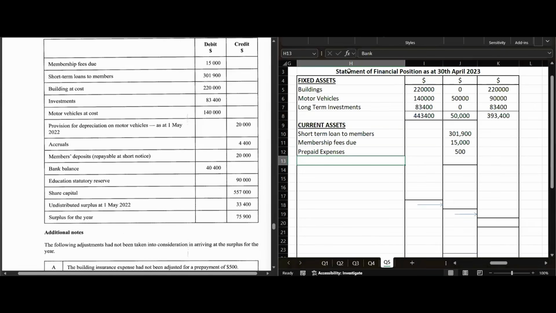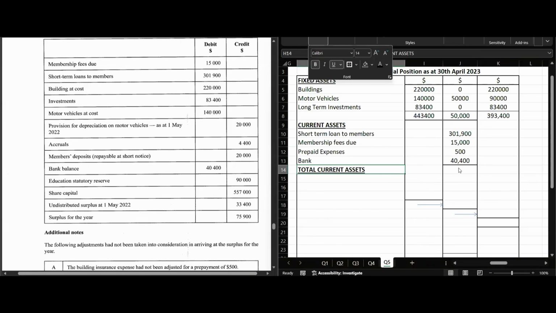Good. And finally, you have your bank. Bank would have been $40,400. Great. Total current assets included a value of 375,800.